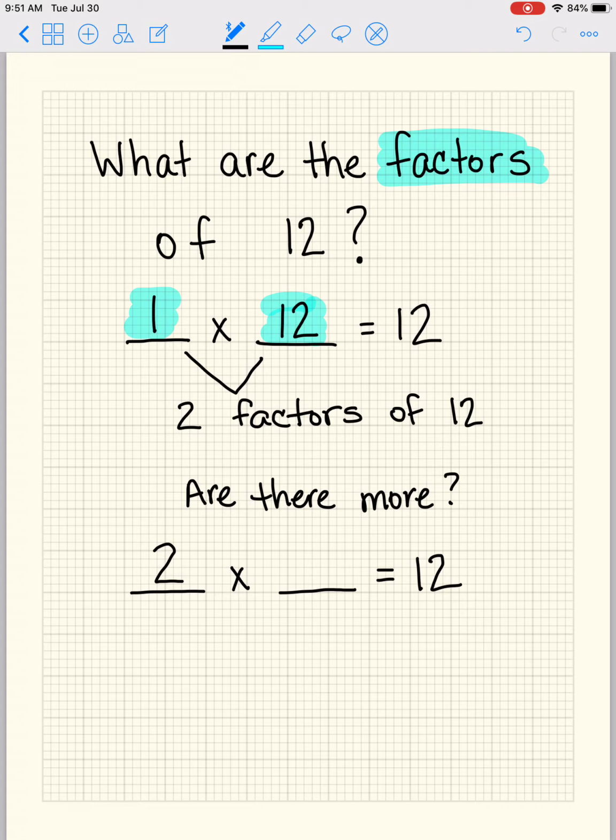Well, I know 2 times 6 is 12. So now I have 2 more factors of 12. So far, I have 1 and 12, and I have 2 and 6. So altogether right now I have 4 factors for 12.